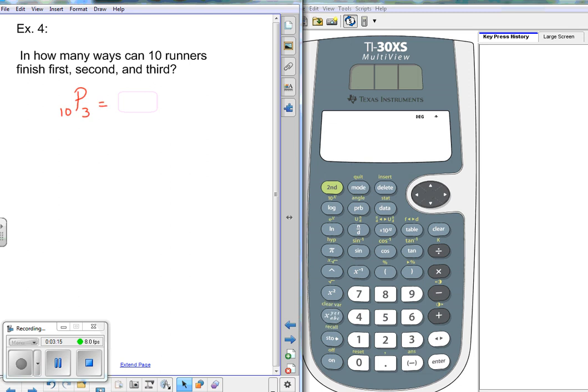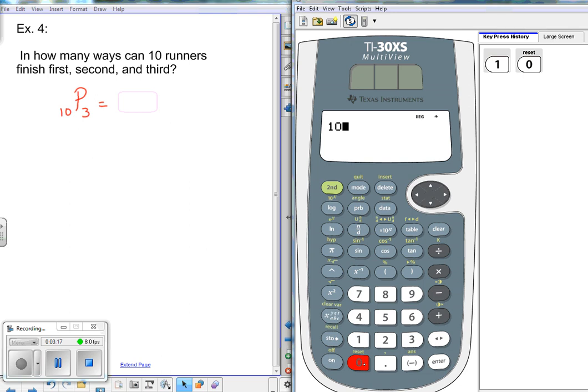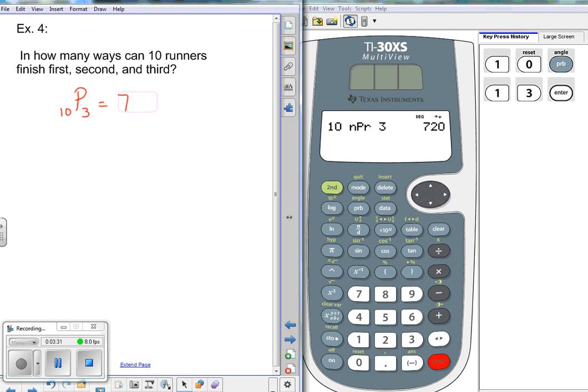So in the calculator, you'd hit the 10 first, and then hit the PRB menu, and notice the first option says nPr, so you want that option, and then hit 3. You should find it 720. So that means there are 720 ways that those 10 people can finish first, second, and third.